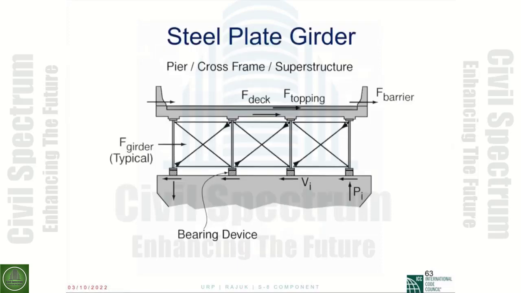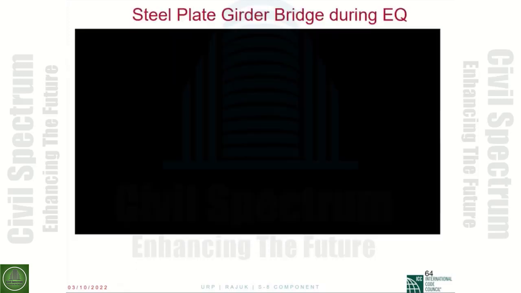Please pay attention to what the forces will be that come from the deck to the shear connectors, from the shear connectors to the cross frames, and from the cross frames down to the bearing. As I told you before, free body diagrams and simple statics will help you see how the forces flow from one element to the other.